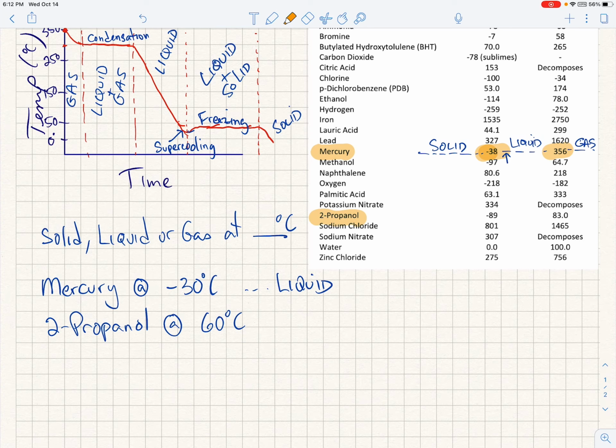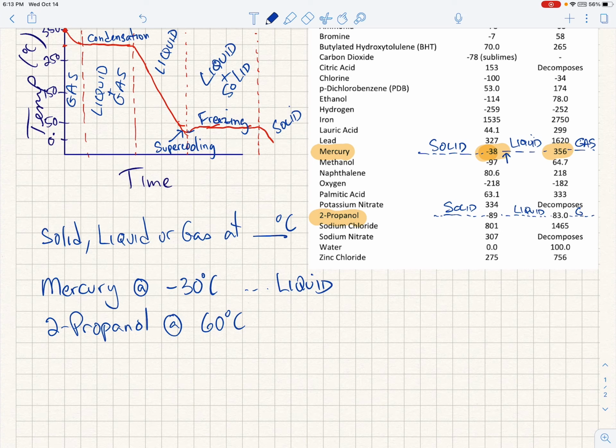So 2-propanol is down here. It's also known as rubbing alcohol or isopropyl alcohol. Its freezing point is -89, so at any temperature below -89, it's a solid. And then at any temperature above -89, all the way up to 83 degrees Celsius, it would be a liquid.